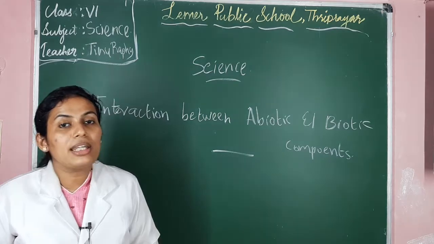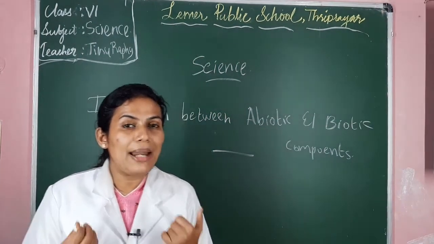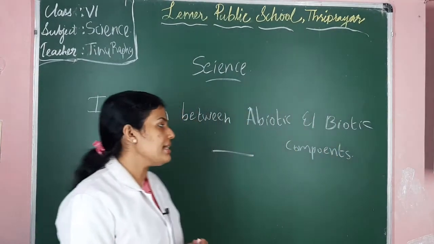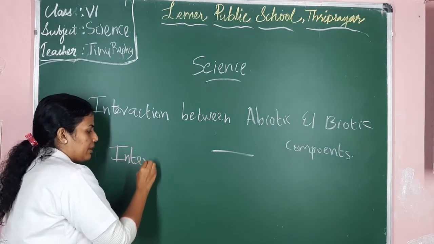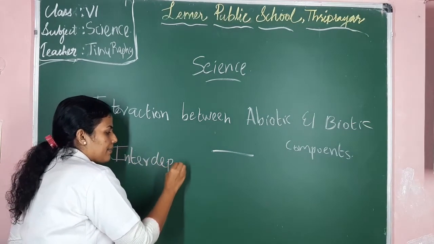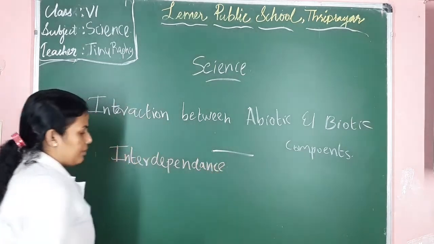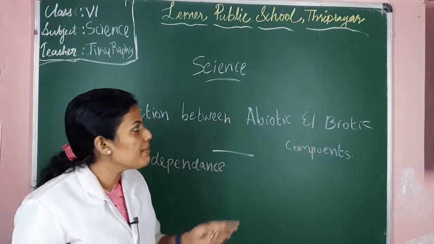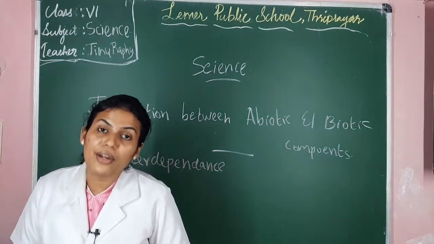This property of interaction between the abiotic and biotic components is called interdependence. Interdependence is the interaction between the biotic and abiotic components for the growth of an organism.